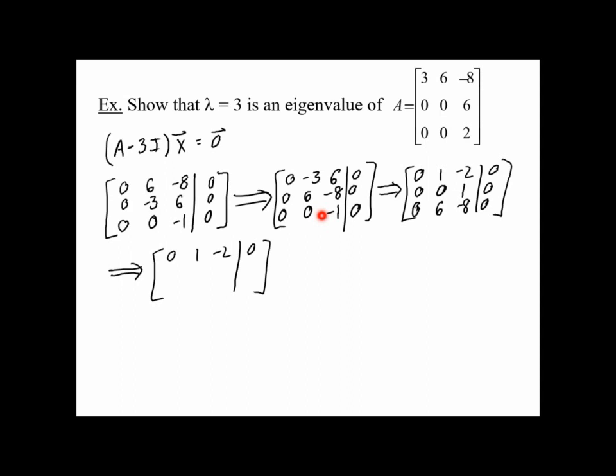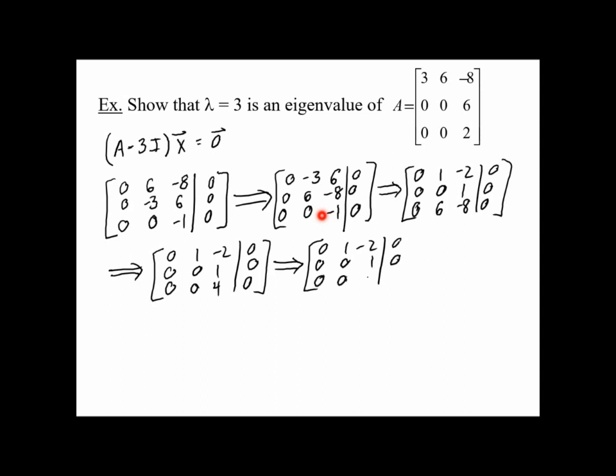Let's see. Multiply the top row by negative 6 and add to the bottom row. I'm getting 0, 0, 4, 0. Yeah, let's keep going. Okay. 0, 1, negative 2, 0. 0, 0, 1, 0.